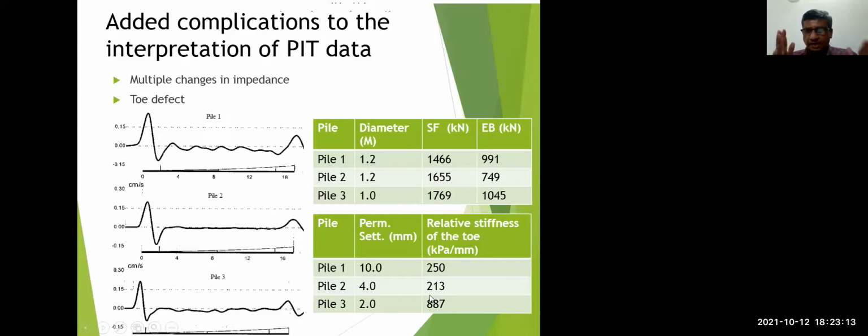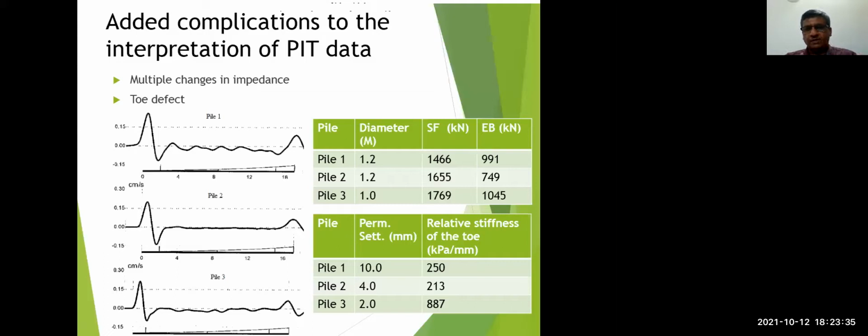The higher stiffness means it is somewhat better socketed into the bedrock. So by looking at the PIT, you cannot say whether the pile is okay or not. In that case, you can only suspect that the pile is not okay.